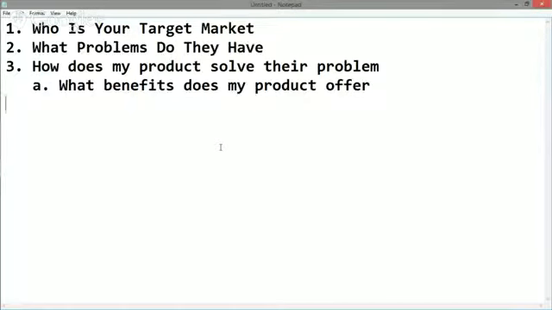So you want to determine who is it that would use your product. Okay, who is my target market? Who would be the people that would use this product or service that I have? Because that's very important, because then you want to tailor your lead capture page to that market.